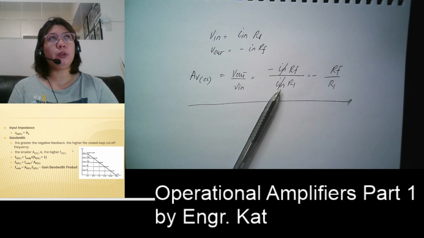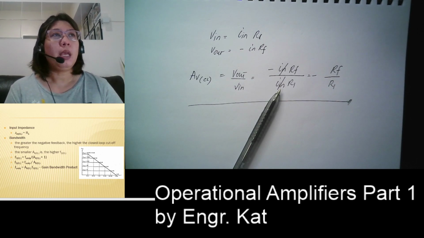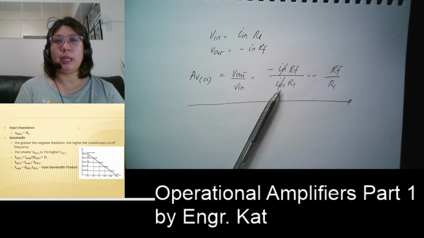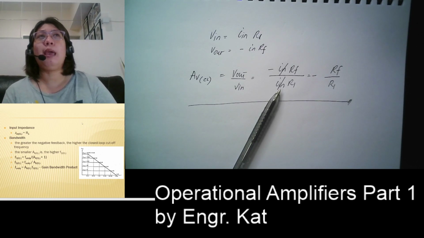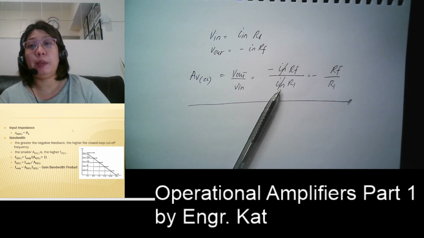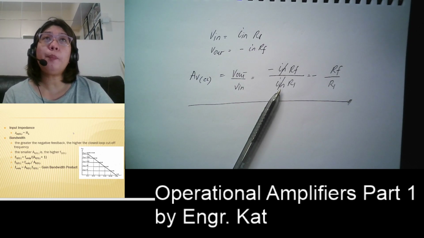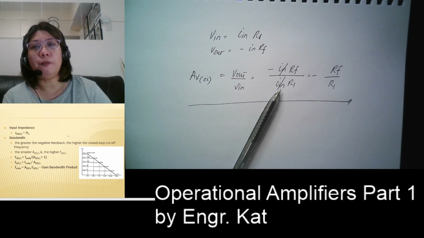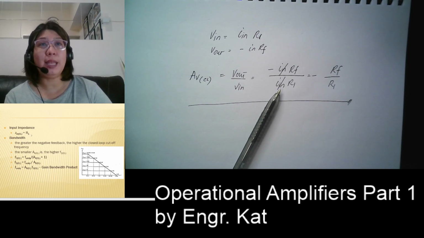Unlike the common emitter configuration, where in solving for the input impedance you still have to solve for the emitter current, then the small re, and multiply it by beta to get your input impedance. In an operational amplifier working as an inverting amplifier, all you have to do is look for the value of R1, and that is already your closed loop input impedance.